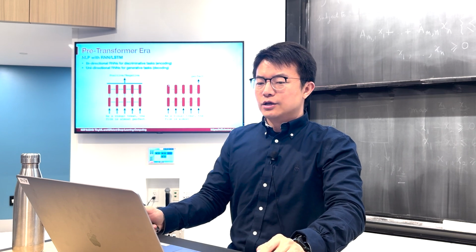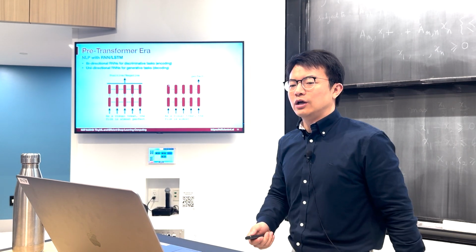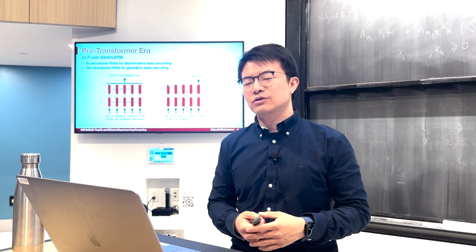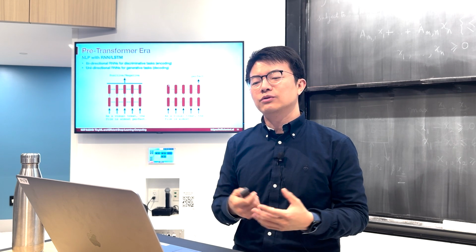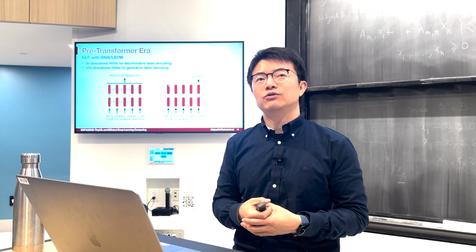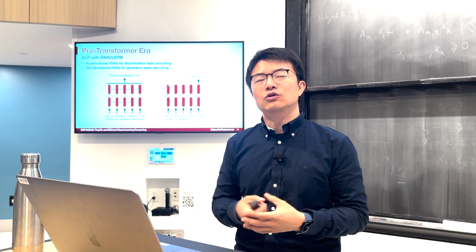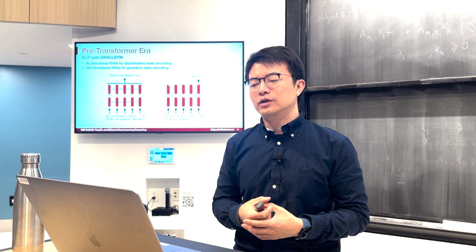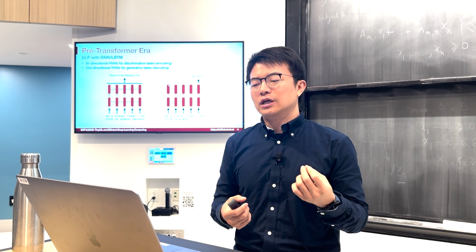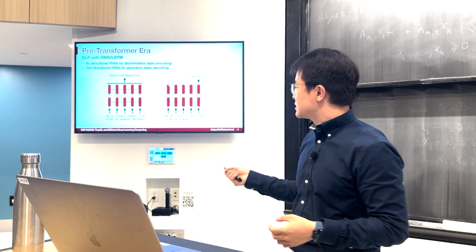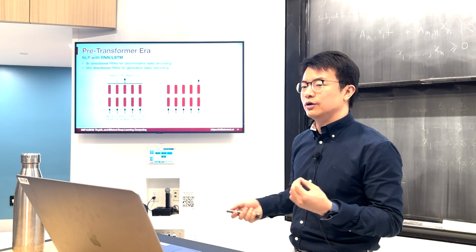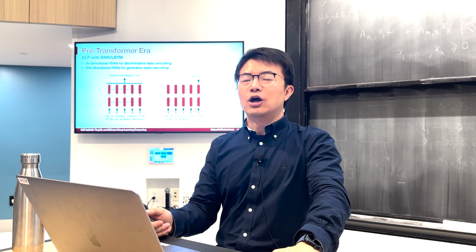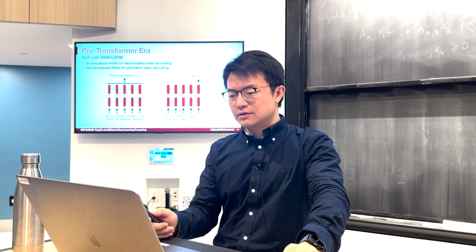Bidirectional RNNs are used for discriminative tasks, for encoding, versus unidirectional RNNs used for generative tasks like decoding. Because when you are generating a new word, it is only dependent on the previous tokens. Therefore, unidirectional RNNs are used for generative tasks.